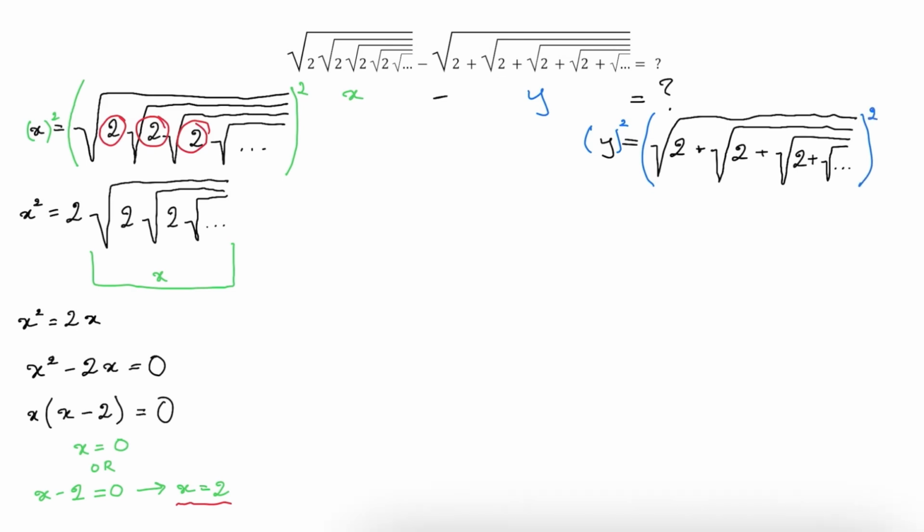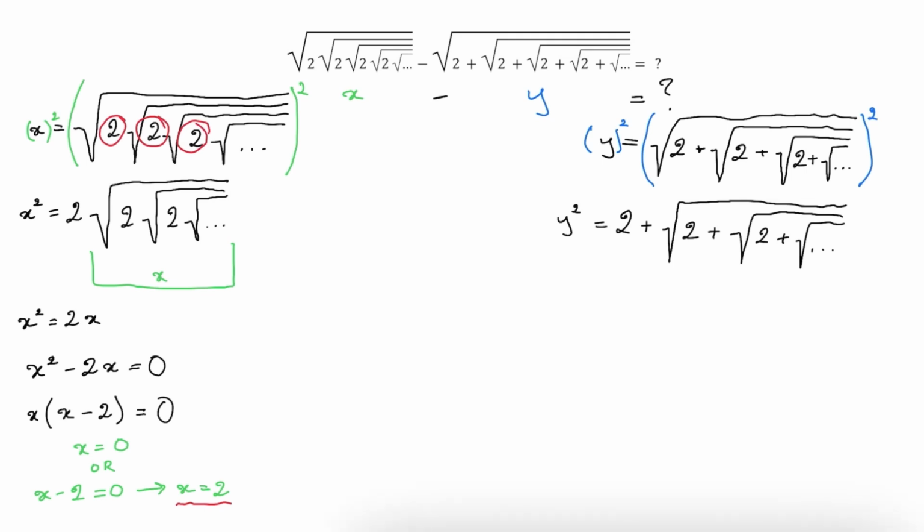When we do this, we get that y squared is equal to 2 plus the square root of 2 plus the square root of 2 plus, and on to infinity.